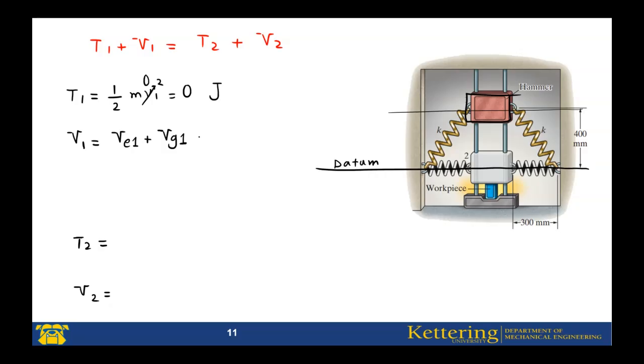Now, the potential energy because of the elastic spring is 1 over 2 K S1 squared plus W Y1. W is because of the mass of this hammer, and Y1 is from this height. This is the potential energy because of the hammer, and these are the potential energy because of the elastic springs.